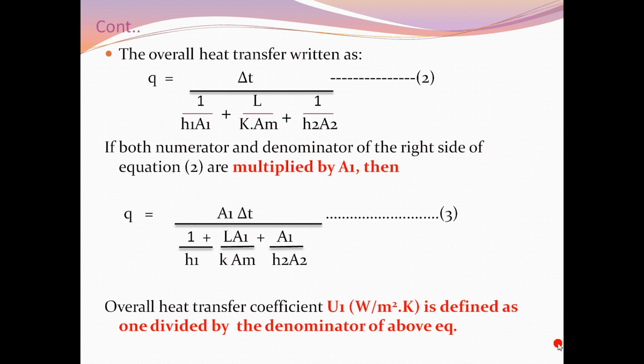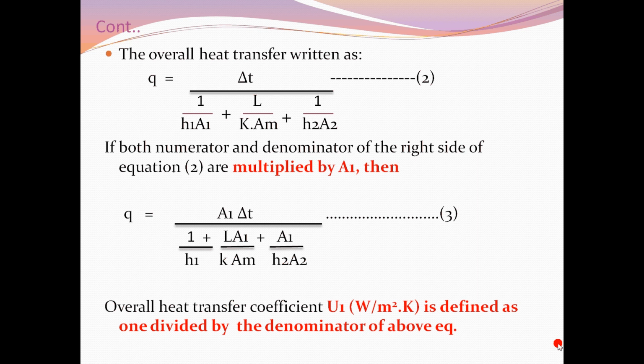Now the overall heat transfer is written as Q equal to delta T divided by these three resistances: the hot fluid side resistance plus the metal wall resistance plus the cold fluid side resistance. This is equation number 2.